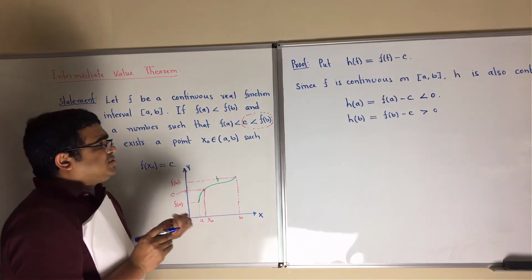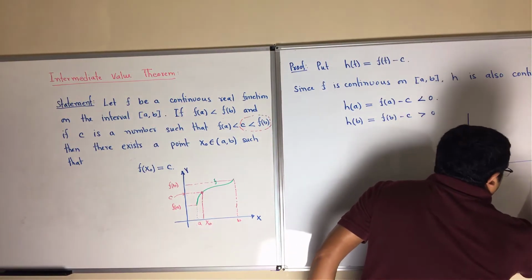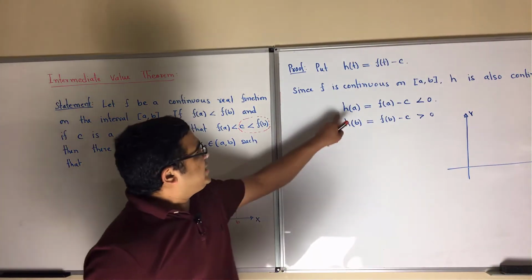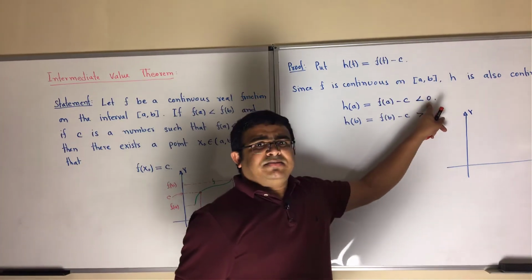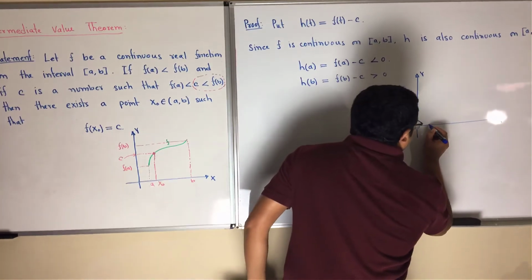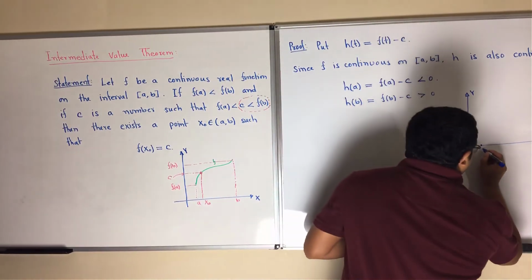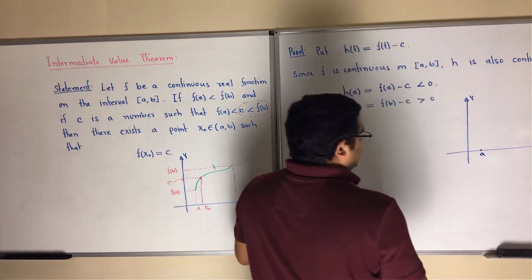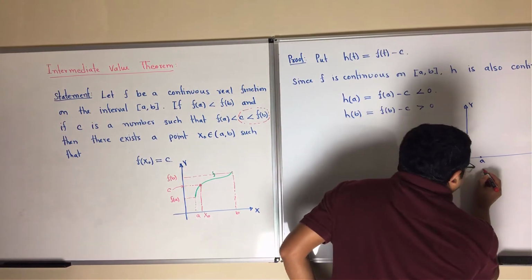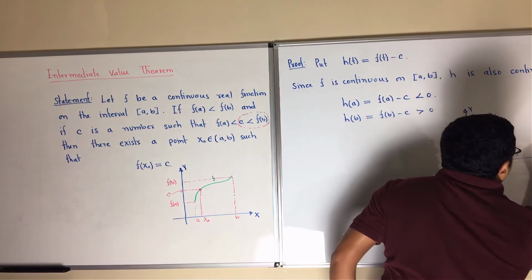Now consider a function. At h of a its value is negative, less than 0, and at h of b it is positive. Suppose this point is a and this point is b. Now at a, h of a is negative; suppose this point is h of a, and h of b is positive; suppose this point is h of b.